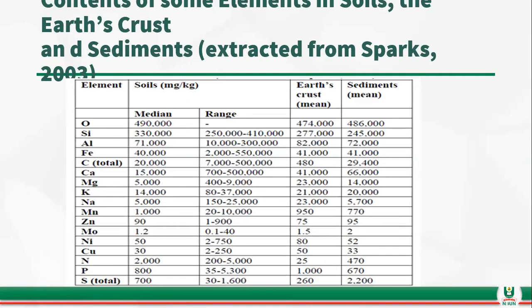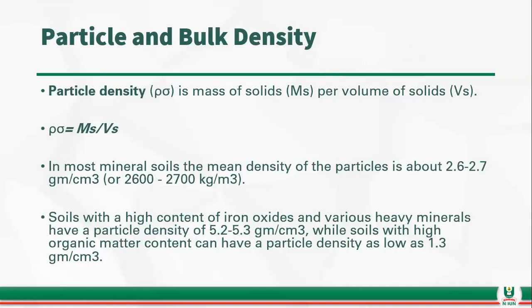Generally in the earth's crust, we have the mean to represent what we are seeing here. We also have the sediment mean as well. All of these are some of the elements in the soil that are most prevalent, and their amount, such as median and range. So that is that. Now, we also briefly talk about particle density as well as bulk density.